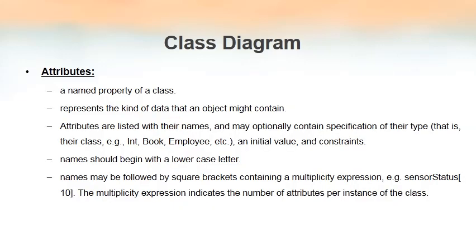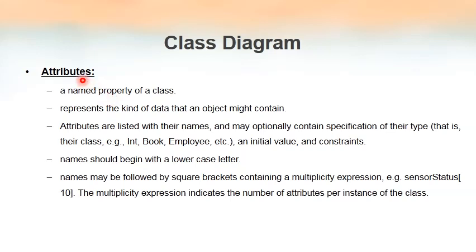So as mentioned earlier in the previous slide, we saw the figure in which the class named library member consists of two compartments. One compartment is used for the attributes and the other compartment was used for functions or methods. So what's an attribute? Attributes, as you all know, is a named property of a class. It represents the kind of data that an object might contain, like in the previous slide, as you can see, member name.